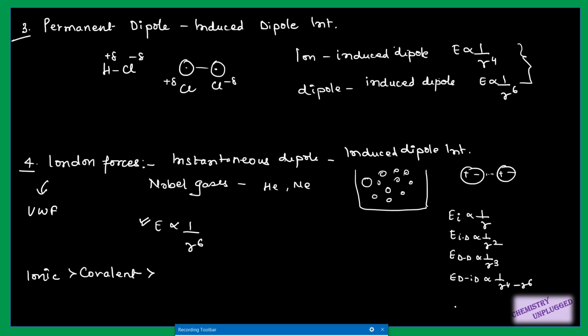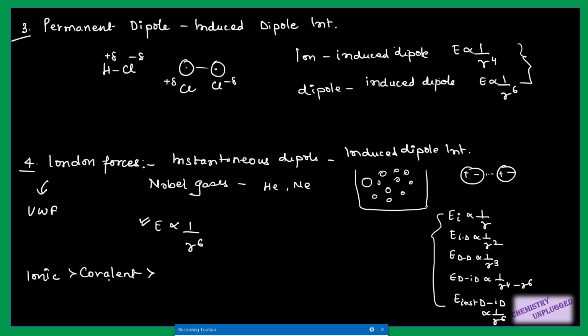Then last you have instantaneous dipole, which is not a dipole in the starting, so this is instantaneous dipole and induced dipole, and it is inversely proportional to r6. So you can remember it in this way only.